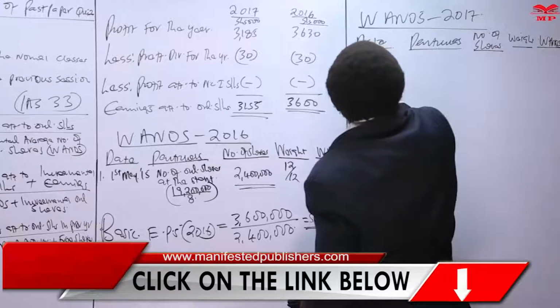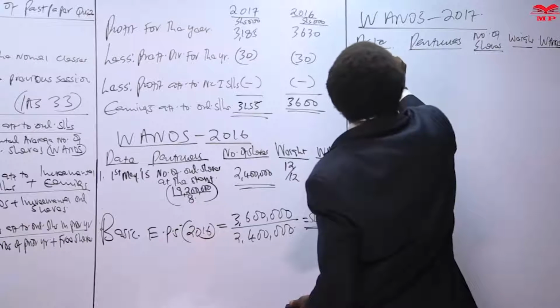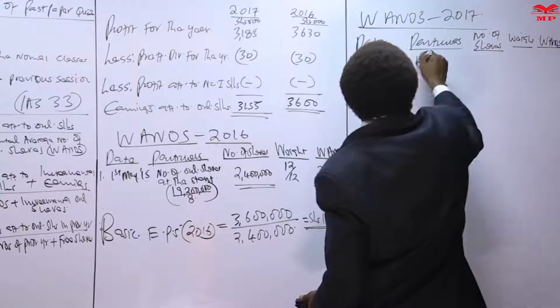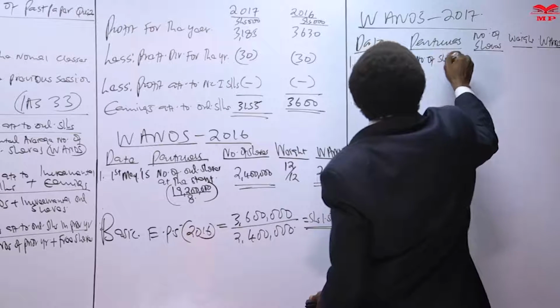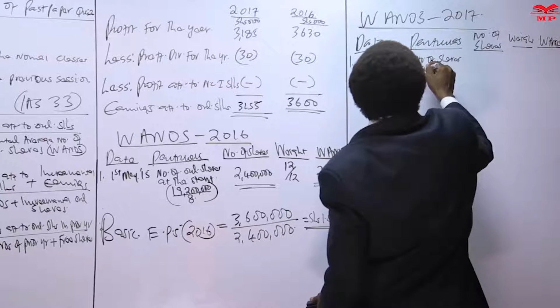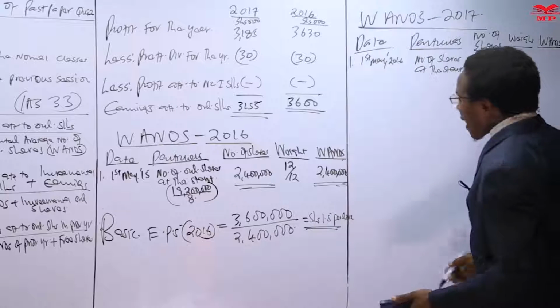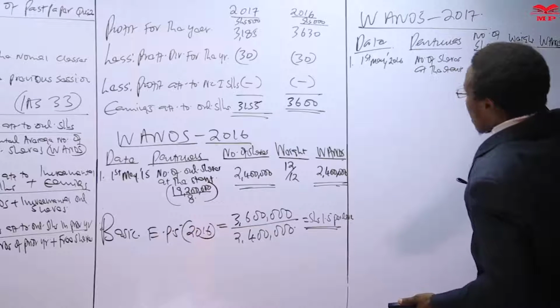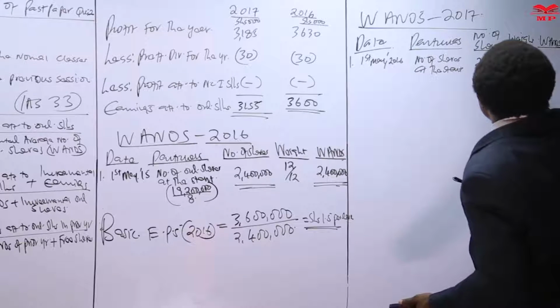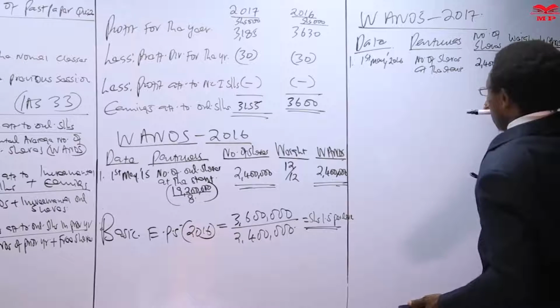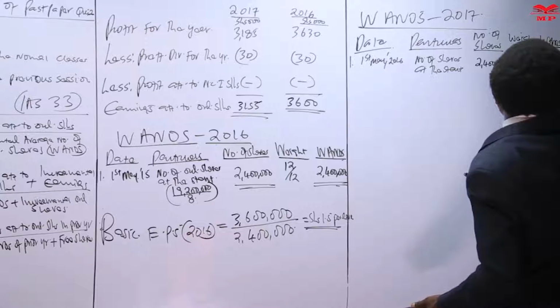Number 1 is at the beginning, 1st May 2016. Number of shares at the start, friends, we had already calculated that. So this is 2.4 million, 12 over 12, then 2.4 million.